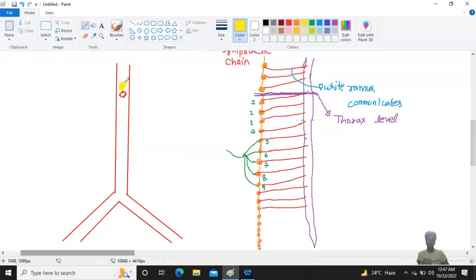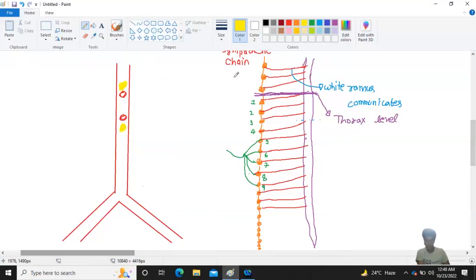Another is the superior mesenteric ganglion. Another is the aorticorenal ganglion.